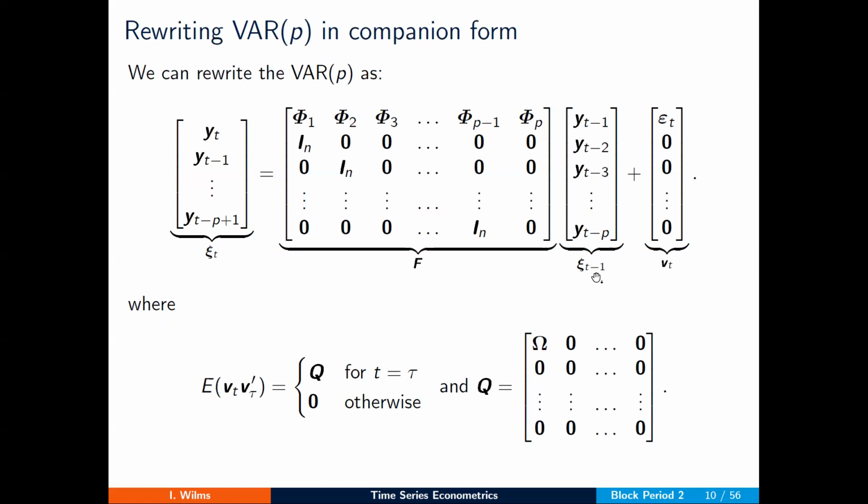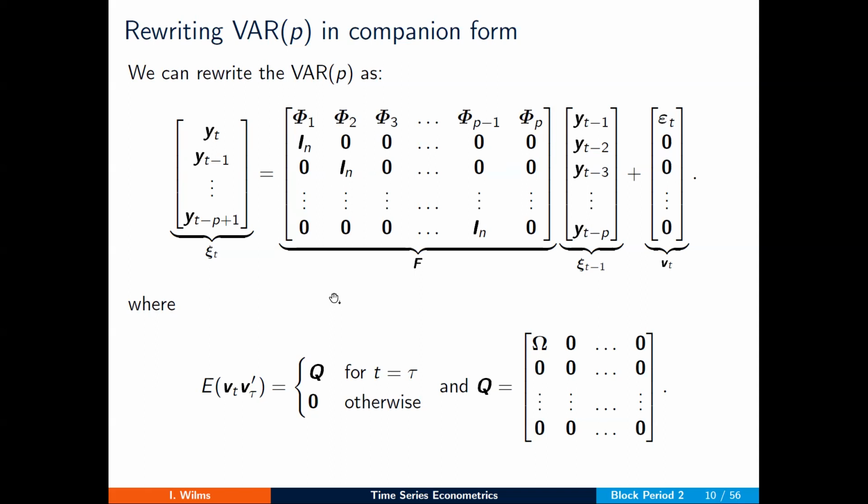So we have the vector xit minus 1 at the right-hand side. And the matrix F plays the same role. It ensures that we retrieve our VAR p model equation through the first set of equations. And the other rows in F just ensure matching of the terms, the lagged values of y that appear both at the left and the right-hand side.